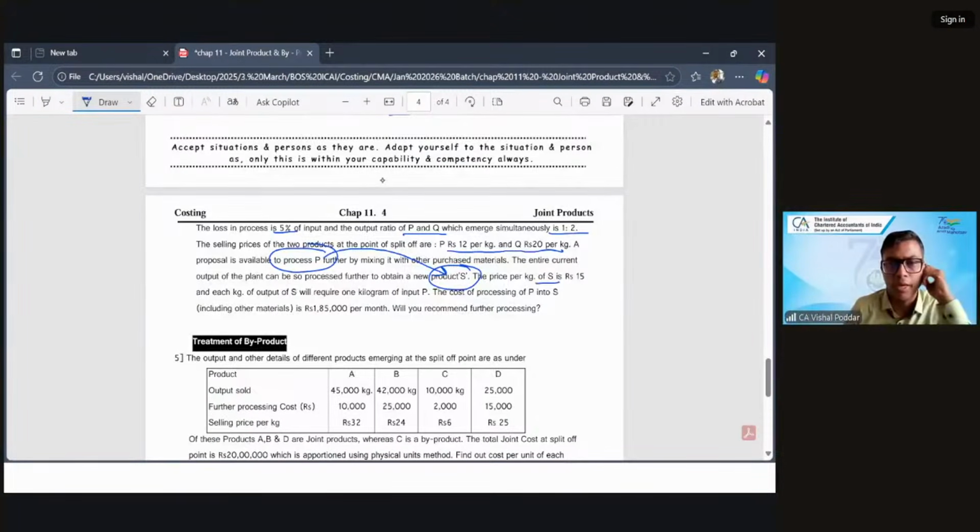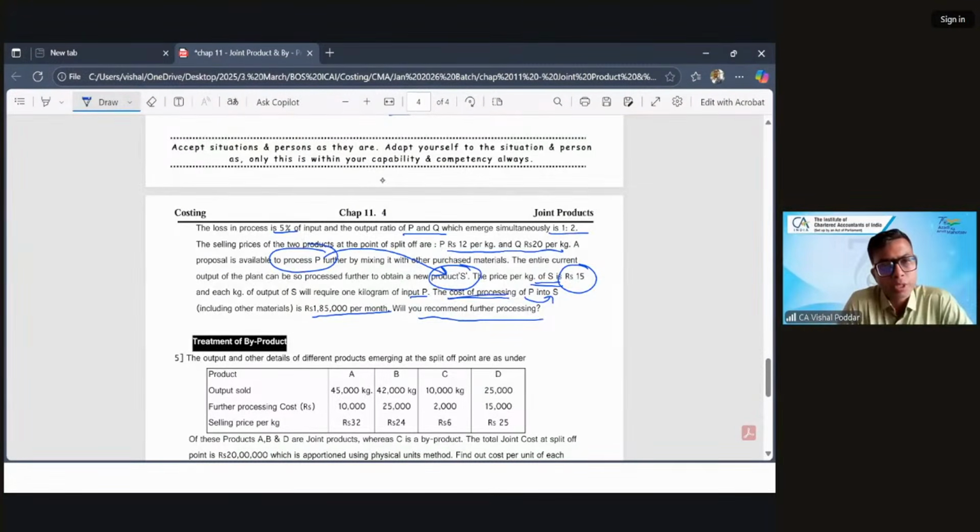The price of S, that is, the sales value after further processing, is this. Each unit of S will require 1 kg of P, so the same quantity will be manufactured. The cost of further processing P into S will be 185. Question is, will you recommend further processing?